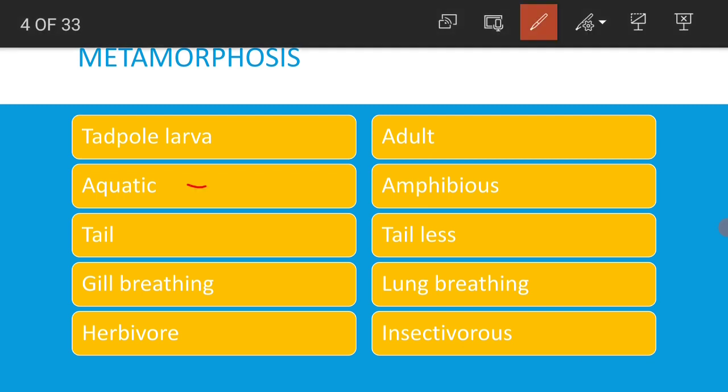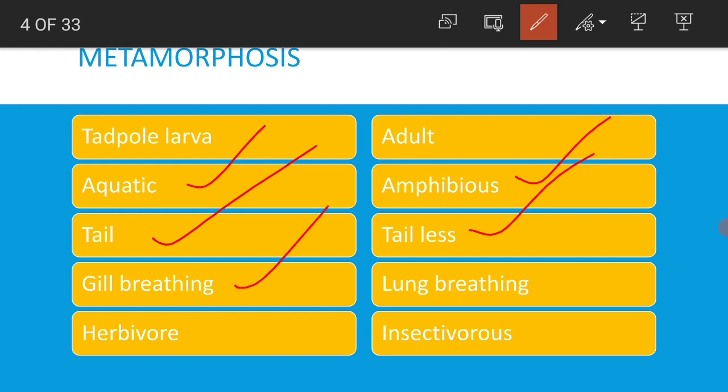The tadpole larva is aquatic, whereas adult frog is amphibious, and the tadpole larva has a tail, whereas adult frog is devoid of tail. During the process of development, certain proteolytic enzymes are secreted by these developmental stages, which will absorb the tail bud, which will absorb the tail region.